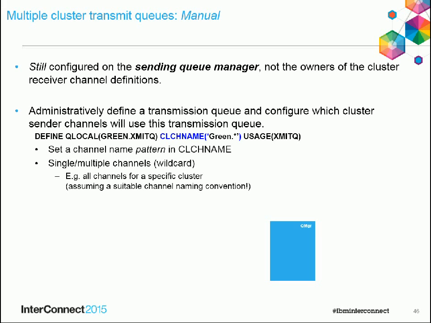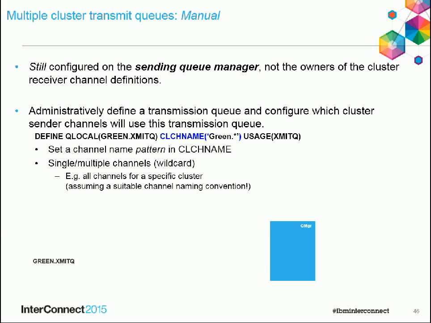On that queue manager on the left-hand side, you define a local queue of USAGE(XMITQ), as if it was a normal transmission queue, but you set the attribute CLCHNAME, so cluster channel name. Here you can give it the name of a channel that you want it to use specifically for this transmission queue, or you can give it a pattern using asterisk as the wildcard at any point in it to say actually any channels that match this naming convention are going to use this transmission queue.